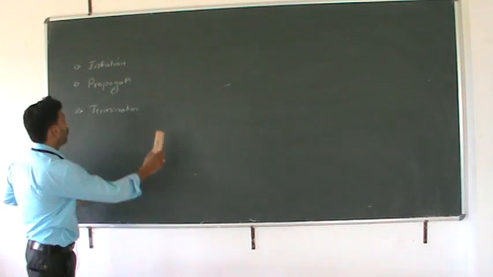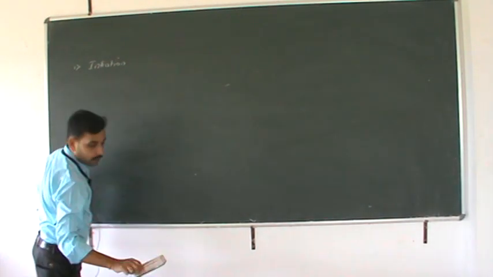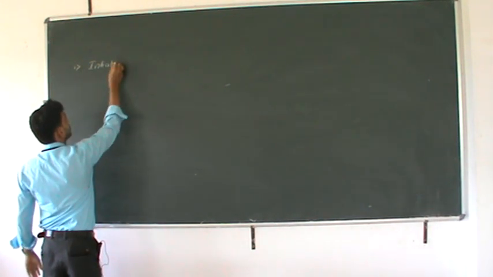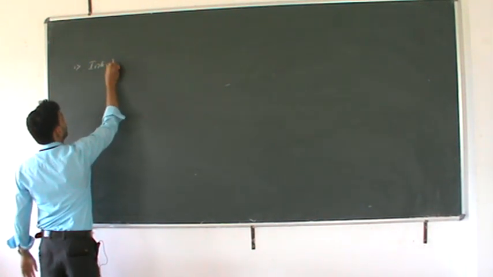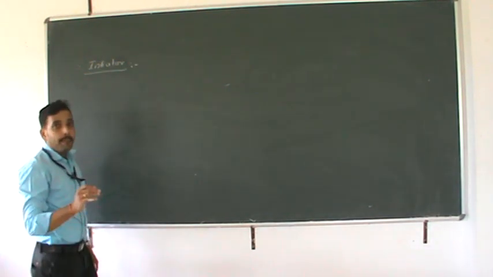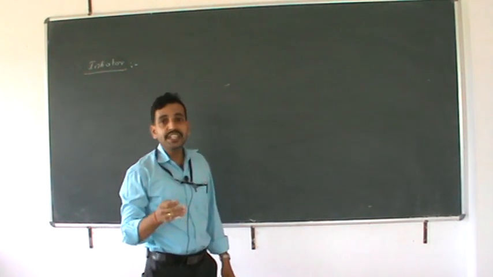So we can discuss the steps one by one. First one is initiation. Before initiation, we can better discuss starting from the initiator. One example is benzoyl peroxide, considered as an initiator.